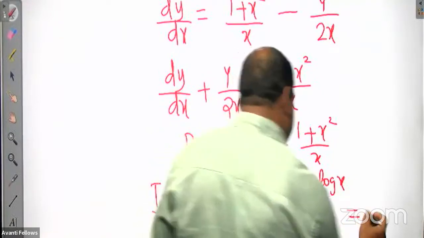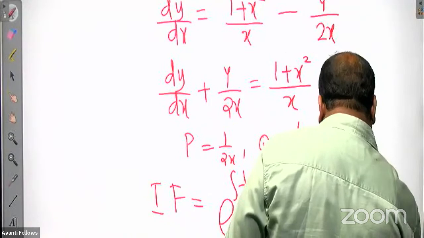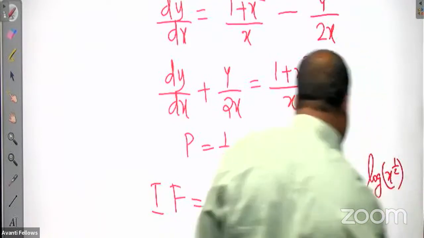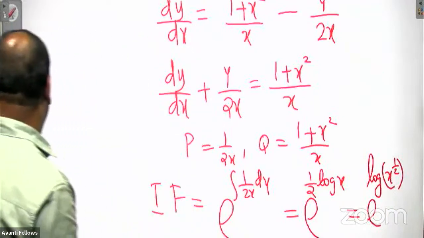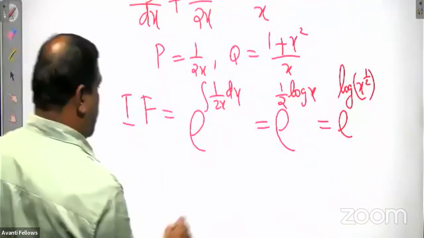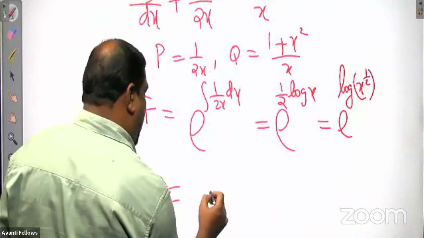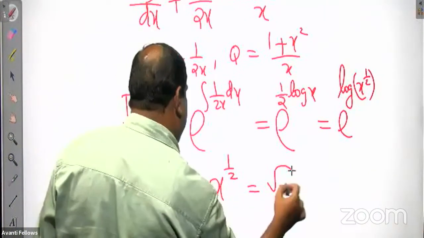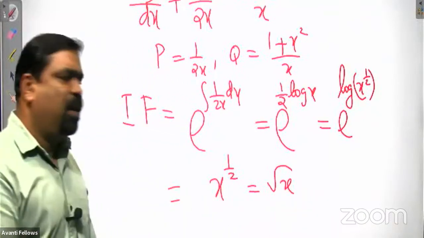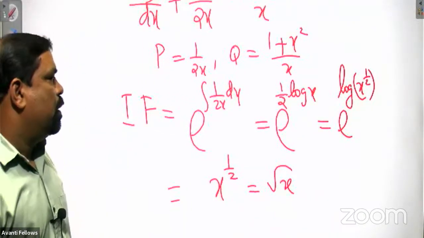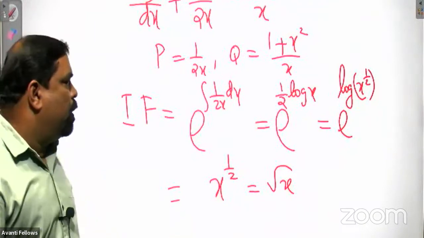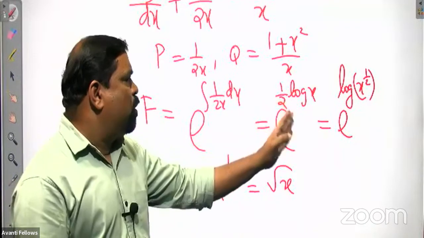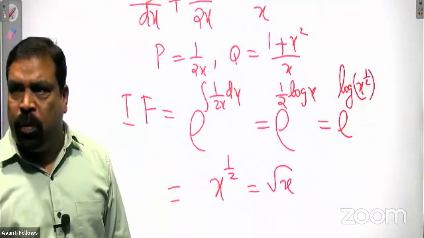That's equal to e raised to log x raised to 1 by 2, that is log of x raised to 1 by 2, and that's equal to x raised to 1 by 2. Yeah, root x, we can say. So this is the integrating factor. Normal procedure.